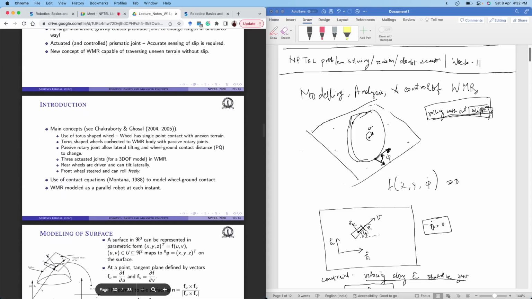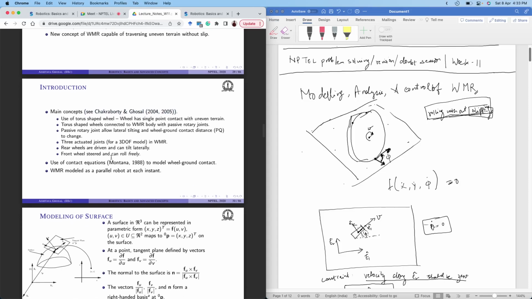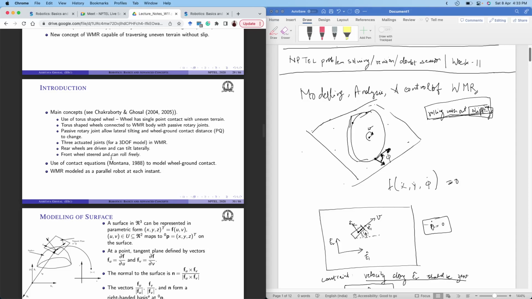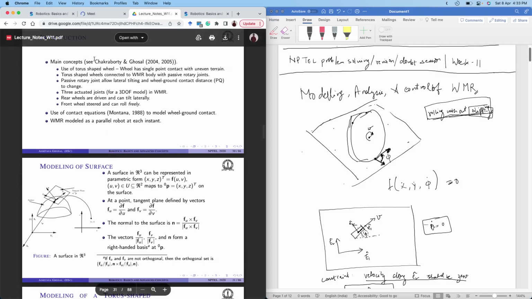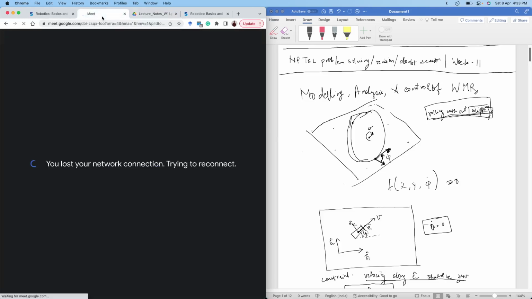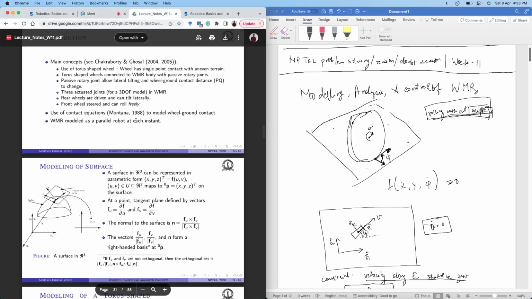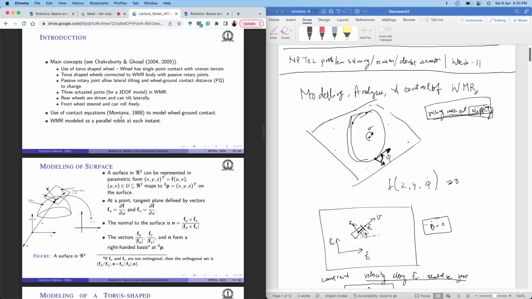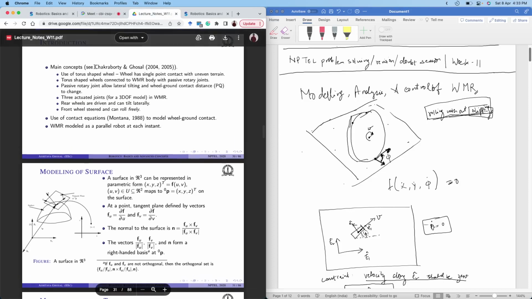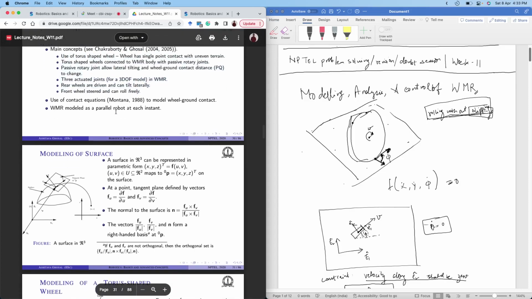So the main concepts about modeling of slip on uneven surface are to get the complete dynamics, including the slip for wheels on uneven surface. Sir has discussed these in the lecture, and there is also a paper that you can refer to if you want to look into it more deeply.